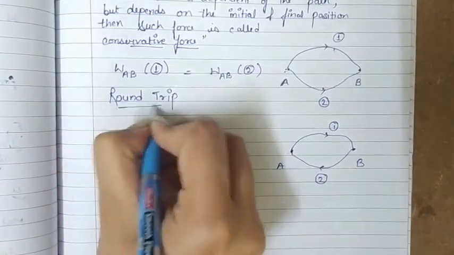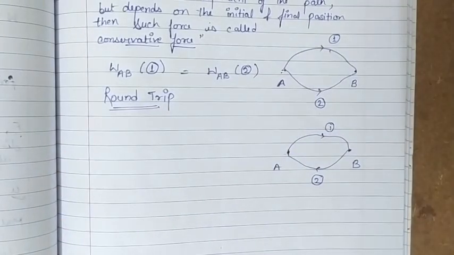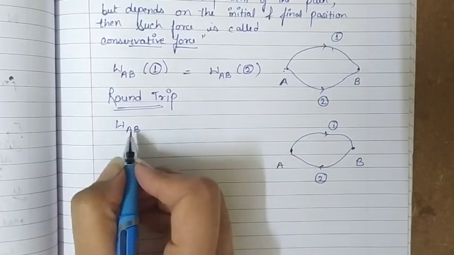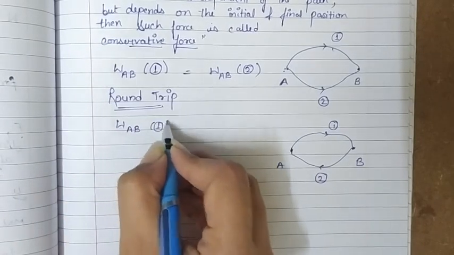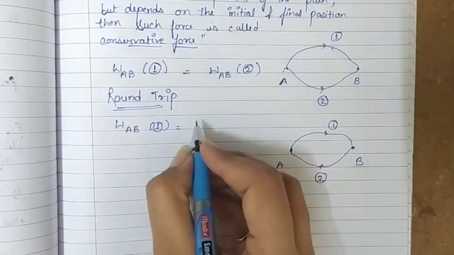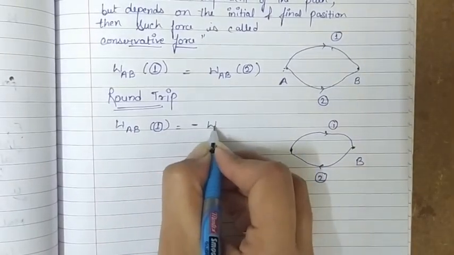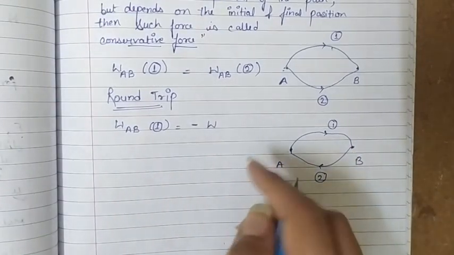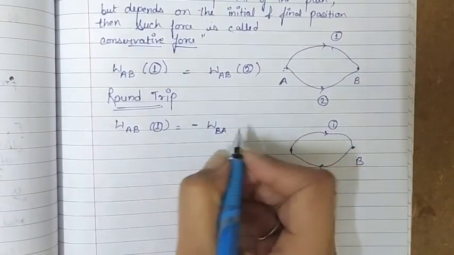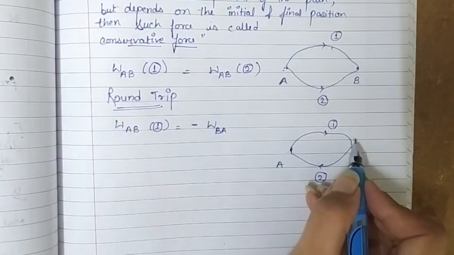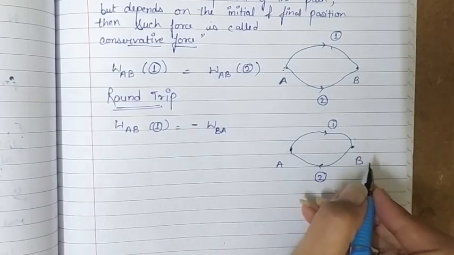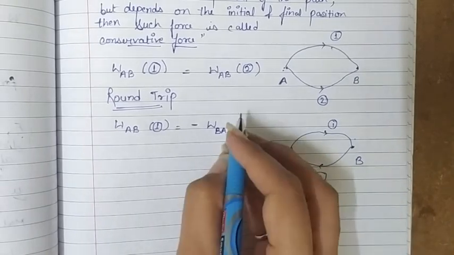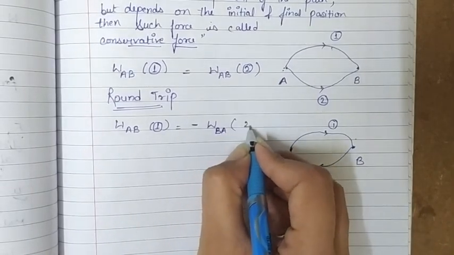then in the case of conservative forces, the work done in moving particle from A to B along path 1 is equal to the negative of the work done on the particle moving from B to A along path 2, because these forces were equal if we go from A to B from path 1 or A to B from path 2, but in this case in the round trip we are coming from B to A. So to equate the work done we have to put a negative sign.